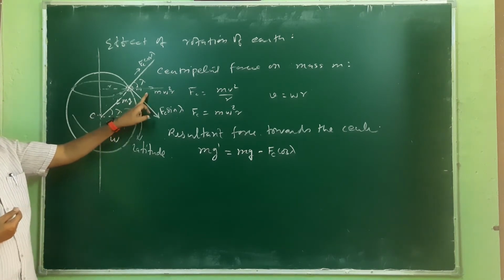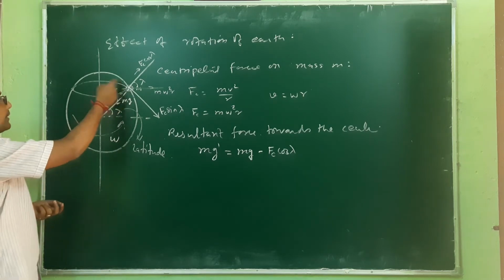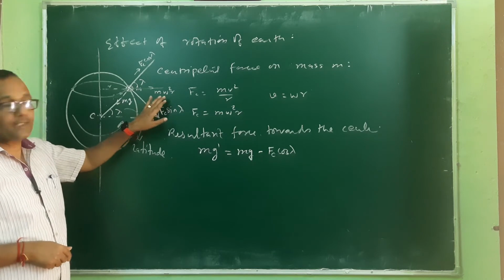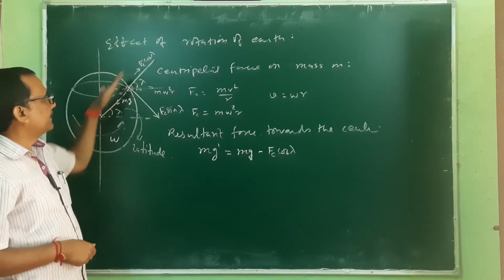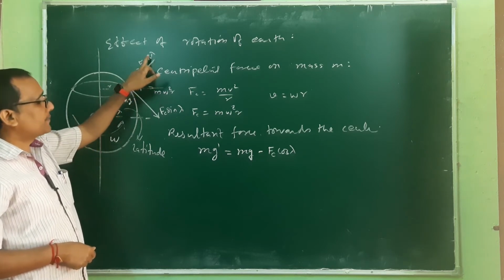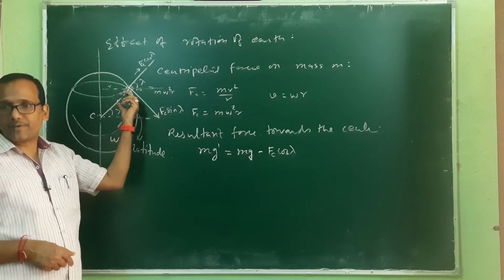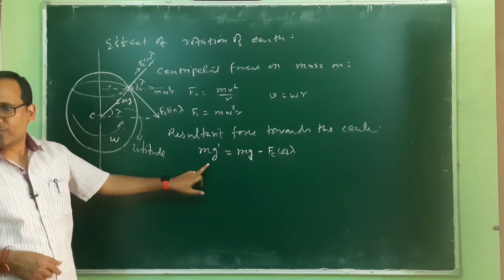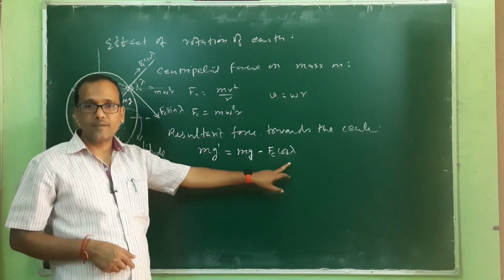Because of this rotational circular motion, there is a centripetal force, and its component along this axis is Fc cos lambda, which reduces the effect of the weight. So the resultant force on the object toward the center, mg prime, is equal to mg minus Fc cos lambda.